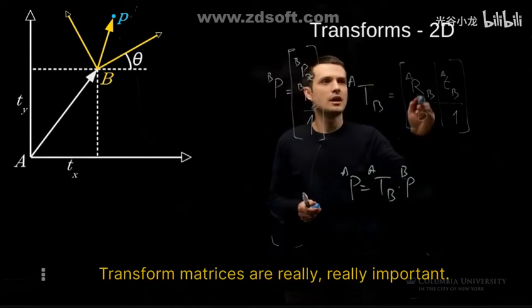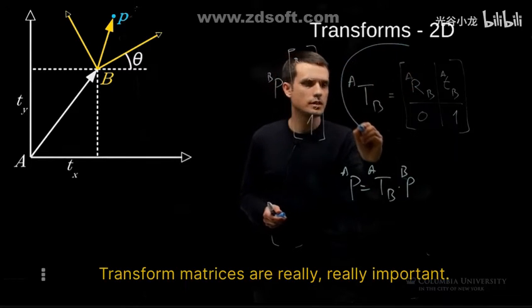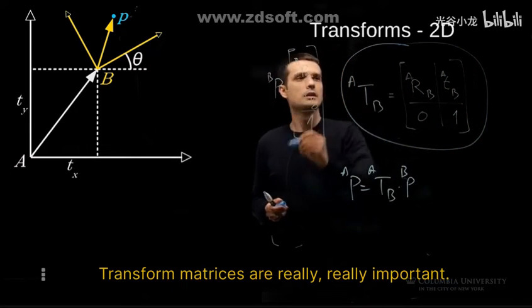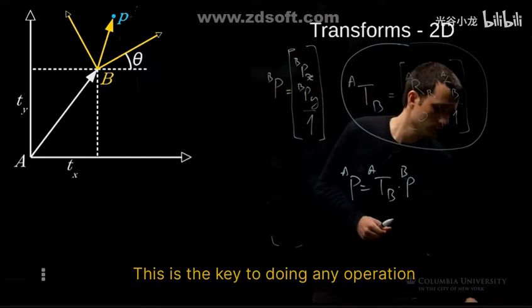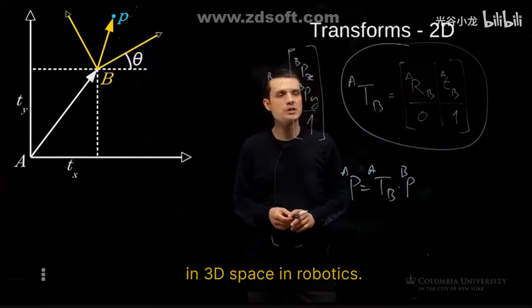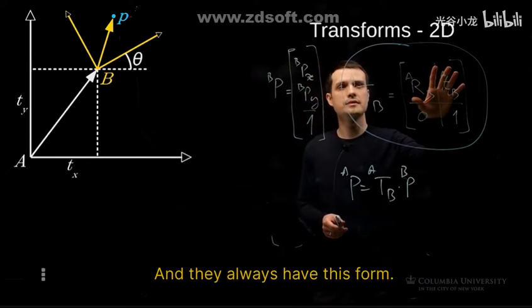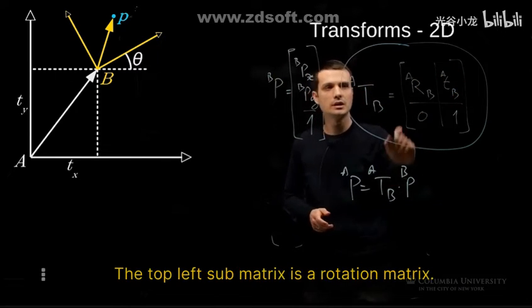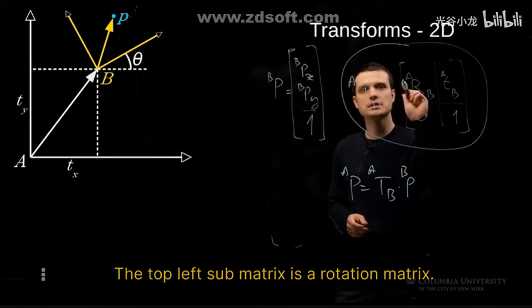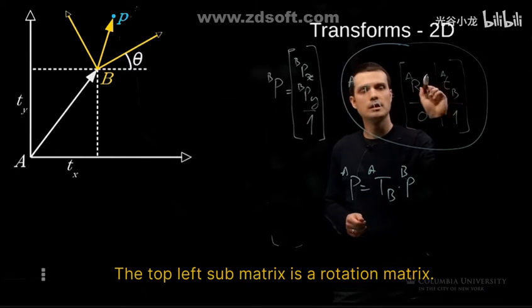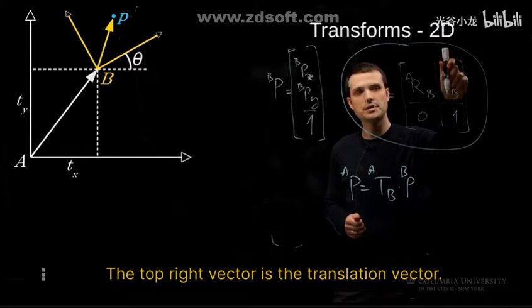Transform matrices are really, really important. This is the key to doing any operation in 3D space in robotics, and they always have this form. The top left submatrix is a rotation matrix. The top right vector is the translation vector.